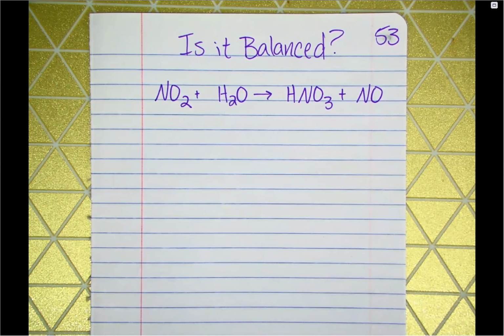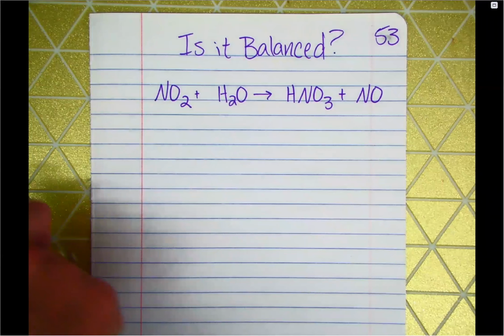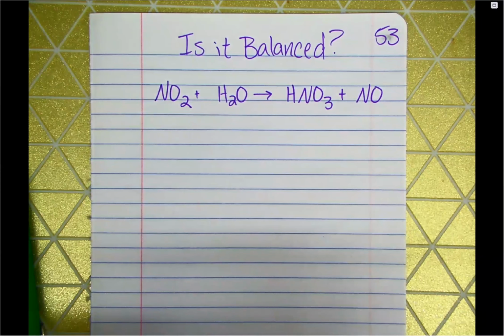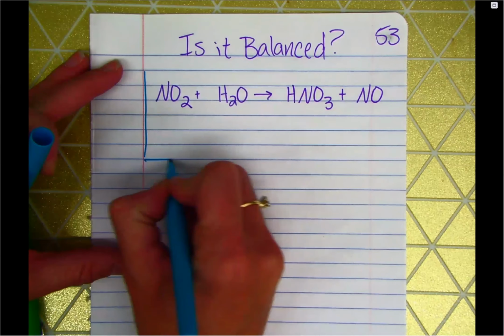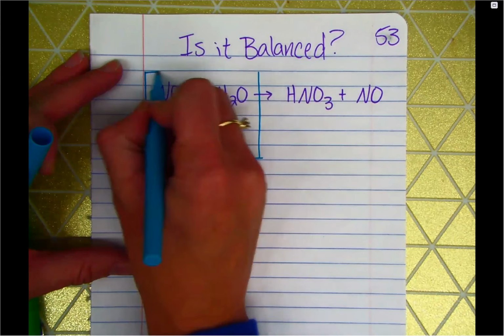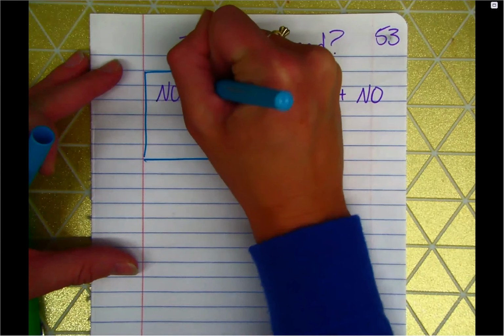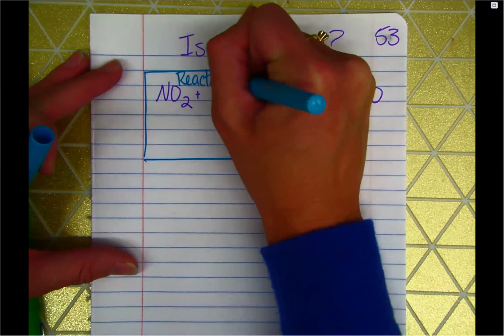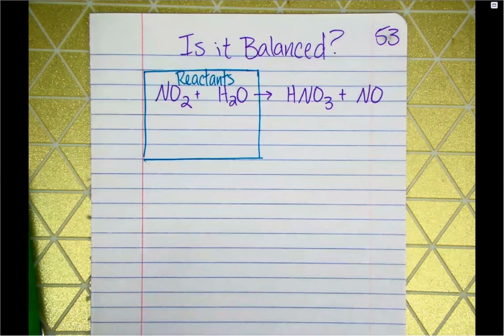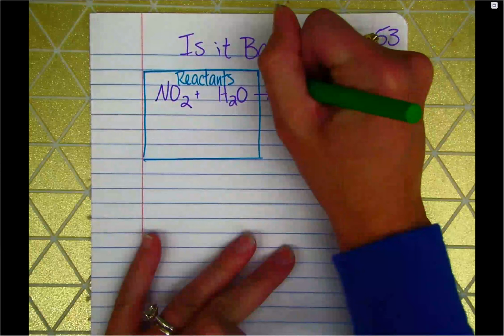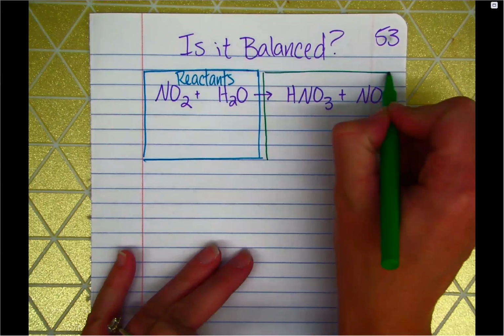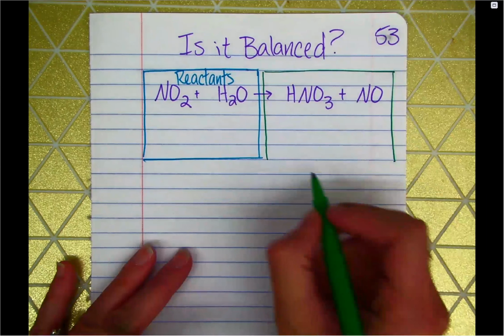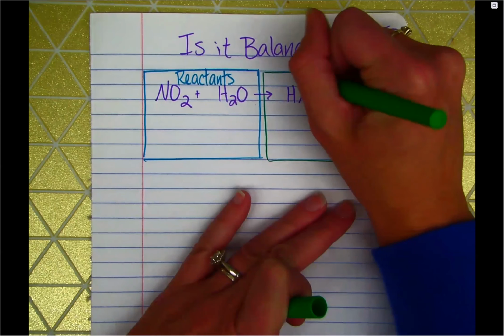So the first thing you have to remember is that in a chemical equation, the products and the reactants have to be equal. We have to have a conservation of mass. So everything on the reactants side has to be equivalent to the products.